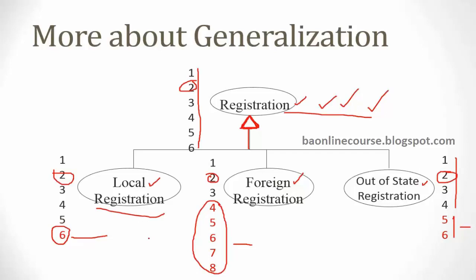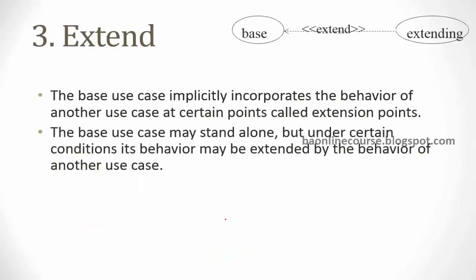All you can do is define a parent one, which is a common behavior, and then the child can have the specifics, the changes or modifications or new steps added onto the child cases. So the third type of relationship is extends.